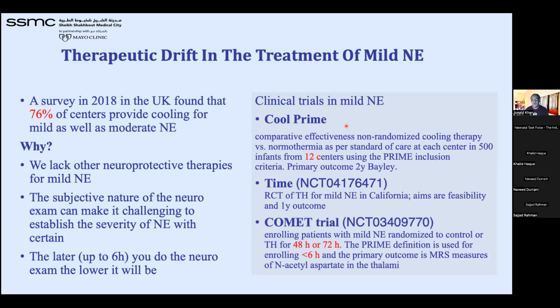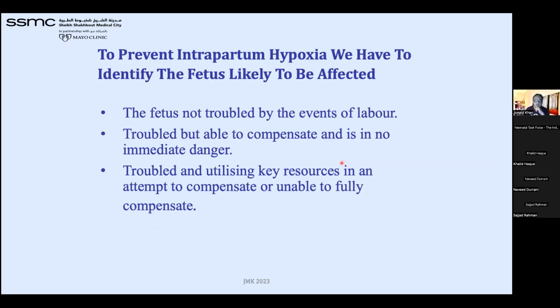And another one is the COMET trial, I think from Australia, which is enrolling. So these 3 trials are already going. We will get more concrete answers on whether to treat babies with mild neonatal encephalopathy with cooling or not. So, coming back to our topic for today.